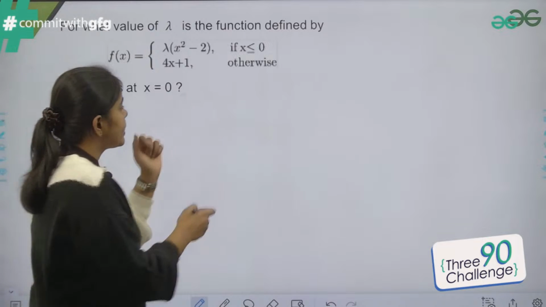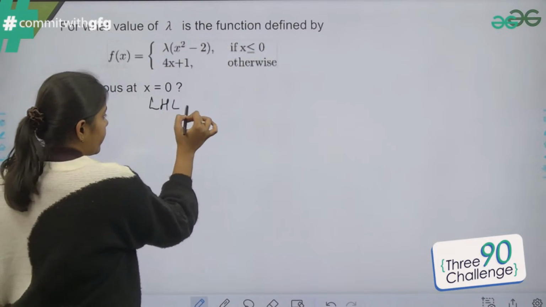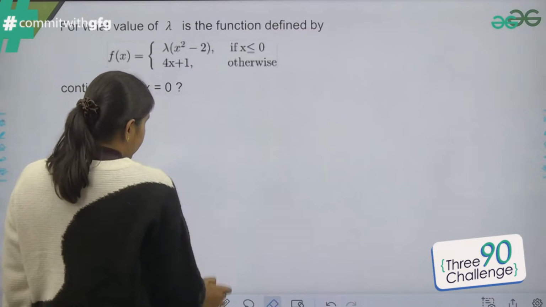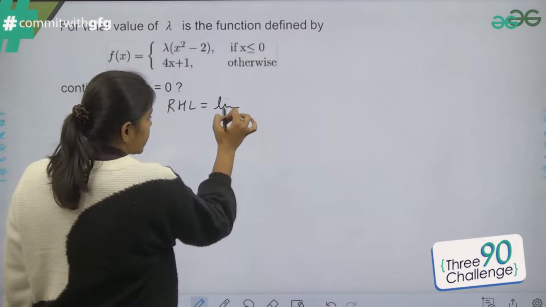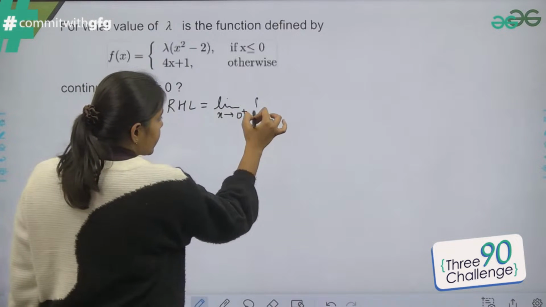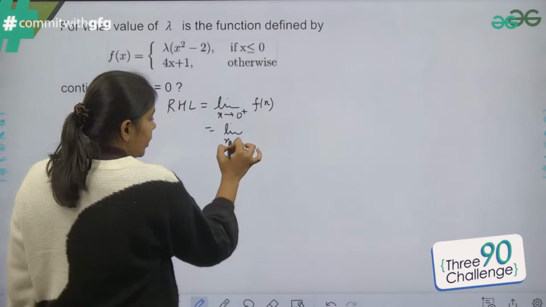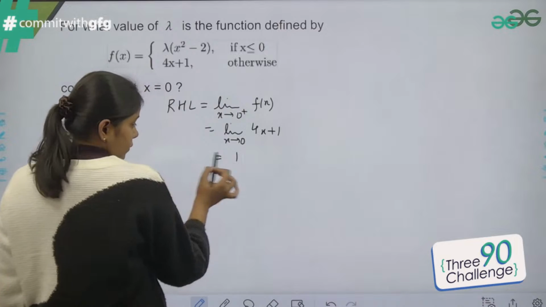Here, because I want to find only one value, I'll take the right hand limit instead of the left hand limit. Right hand limit is the limit as x approaches 0 from the positive side of f(x), and to the right of 0 the function is 4x plus 1. Limit as x approaches 0 of 4x plus 1 gives right hand limit 1.